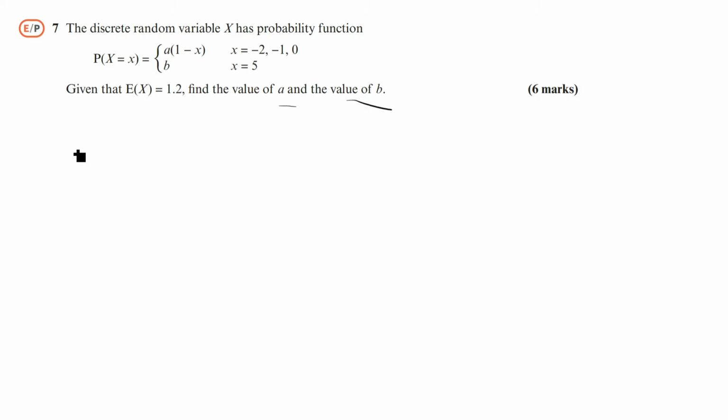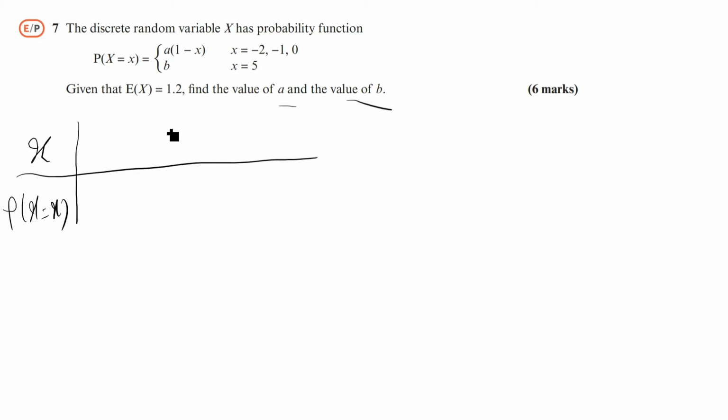As usual, we need to draw a table, and the values we have for x are -2, -1, 0, and 5. Now we just need to use this probability function to get our probabilities, and then do the next steps, which are the same as the previous questions.